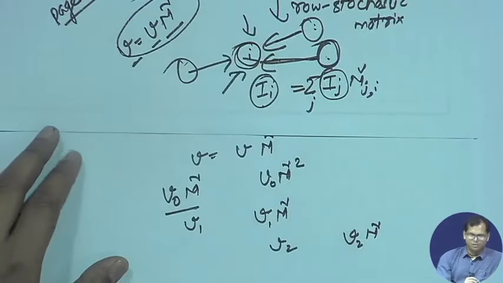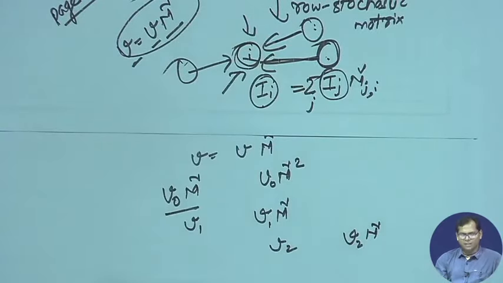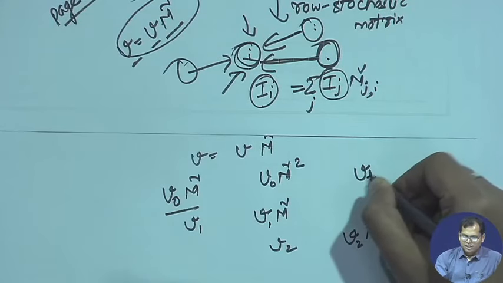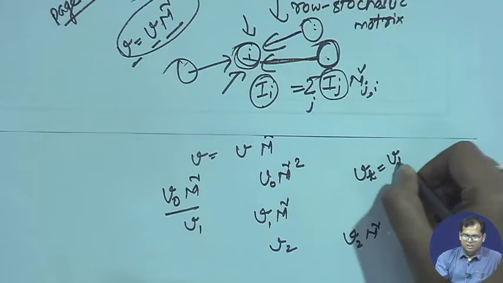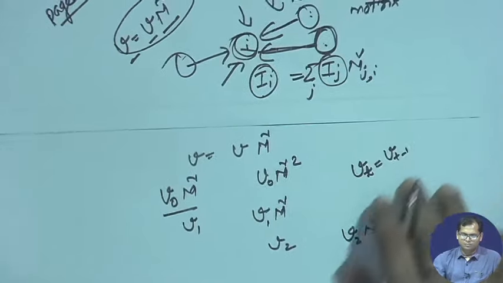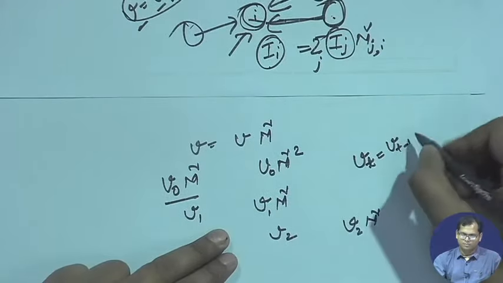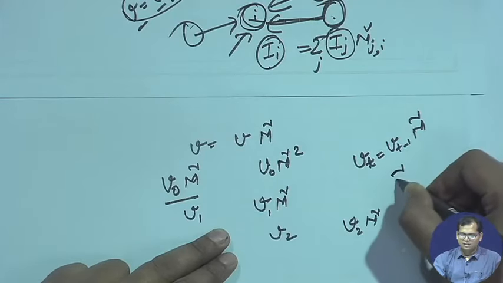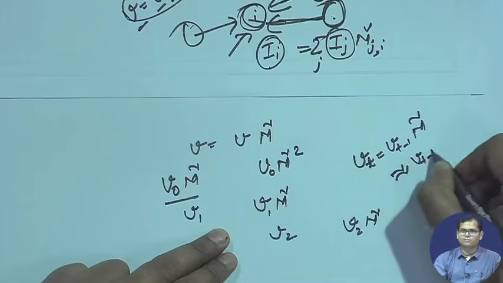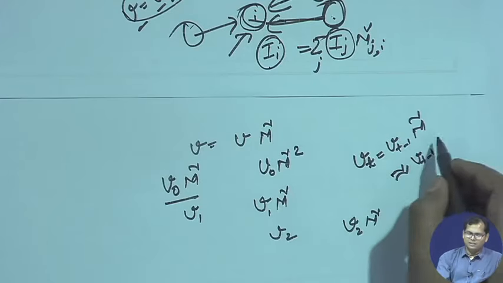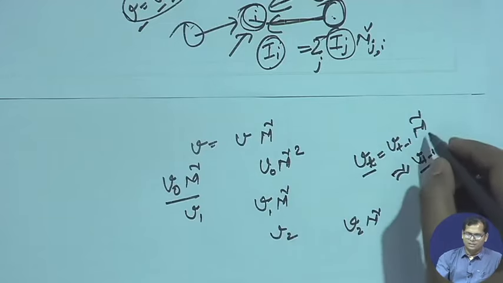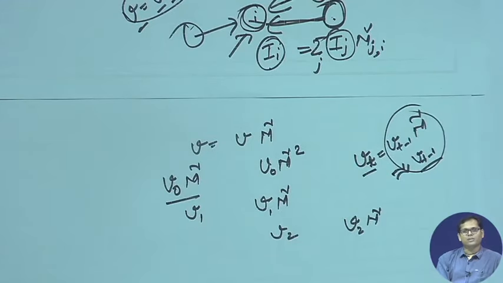Now what will happen? Because this is my equation, it will converge at some time where Vt minus 1 m tilde is very similar to Vt minus 1. So now Vt and Vt minus 1 are roughly the same, and this is your actual equation.